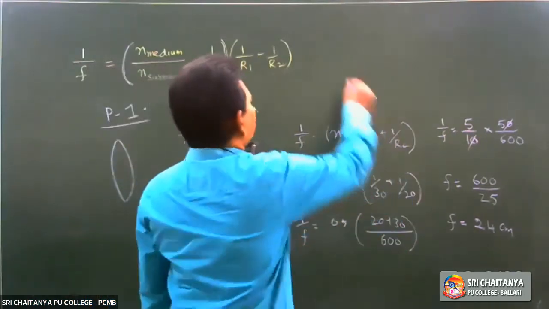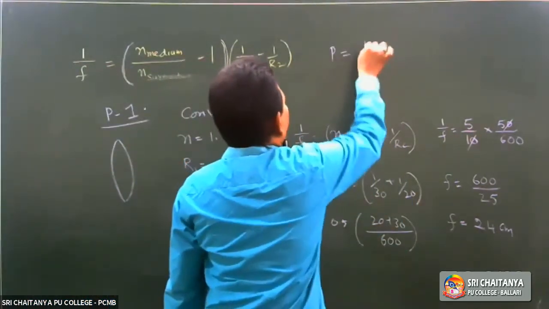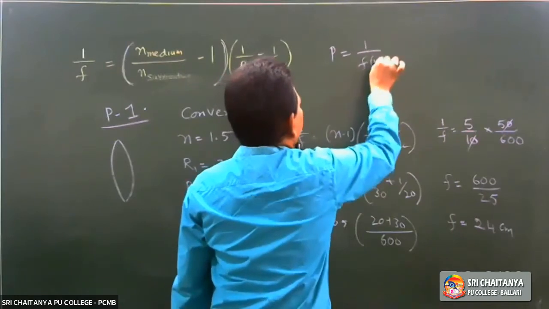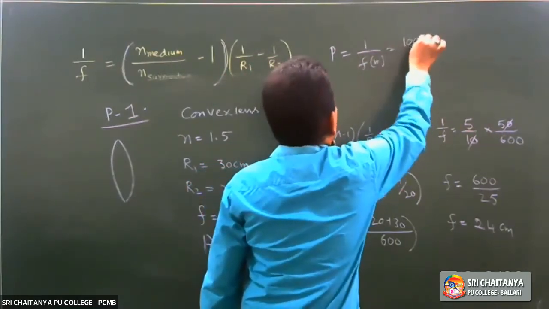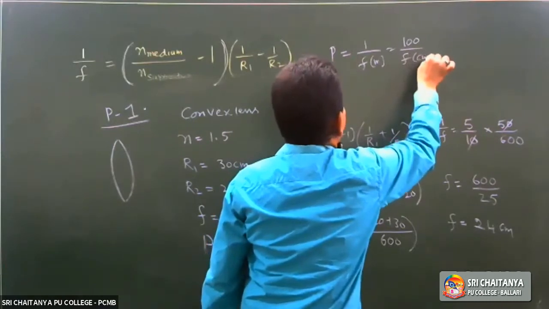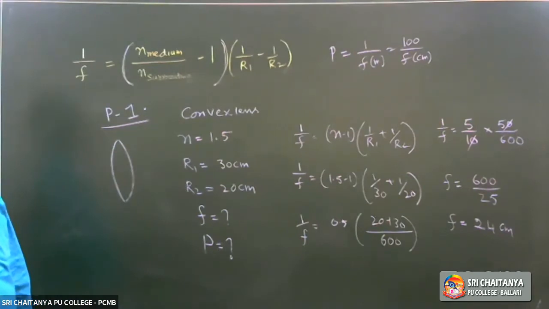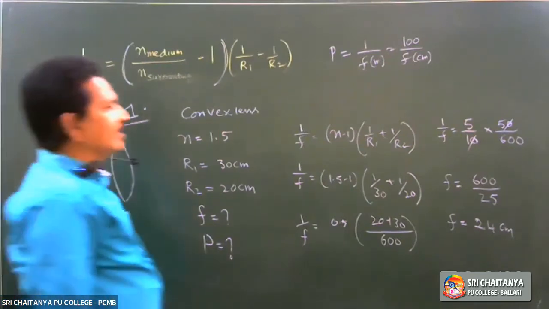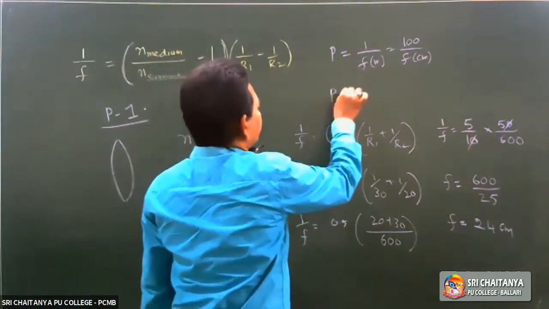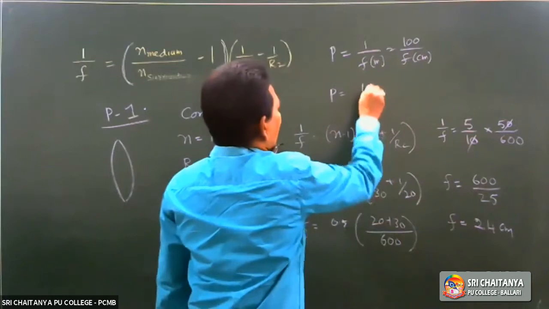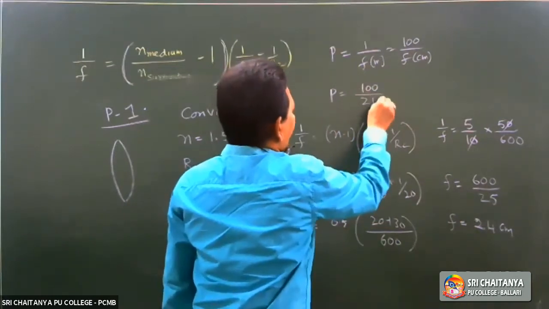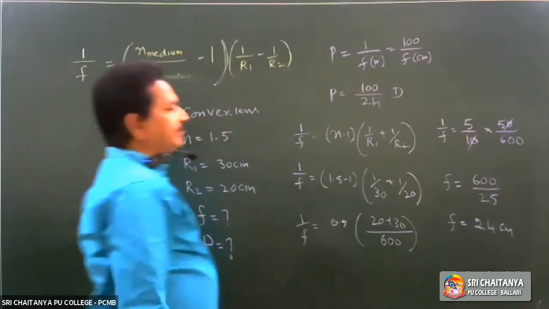Now calculate power. Power is equal to 1 by F if F is in meters. If F is in centimeters, then power is equal to 100 by F, because 1 meter is equal to 100 centimeters. So power is equal to 100 divided by 24 diopters.